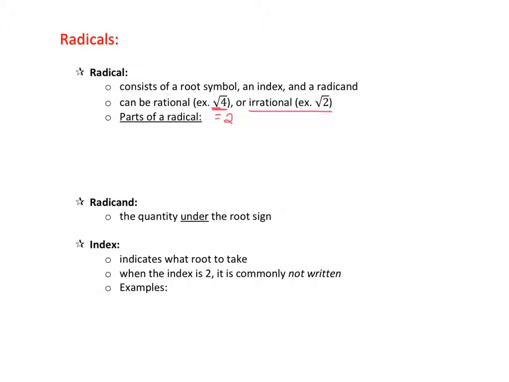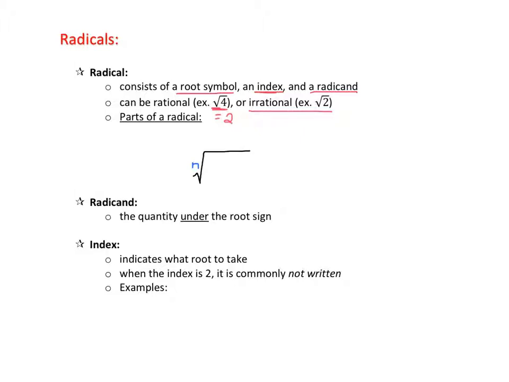A radical is any number that has a root symbol, and with the root symbol comes an index, and under the root symbol is the radicand. So we're going to look at the parts of a radical here in a little diagram. First of all, we can have a root symbol, this symbol right here. And then with that symbol can be an index, or a number tucked into the front of the root sign.